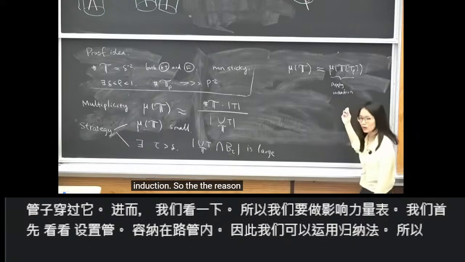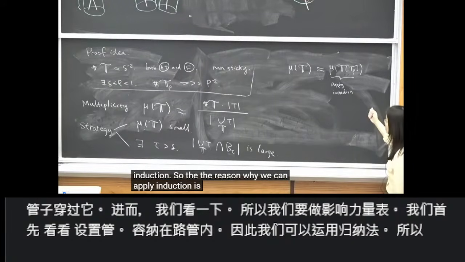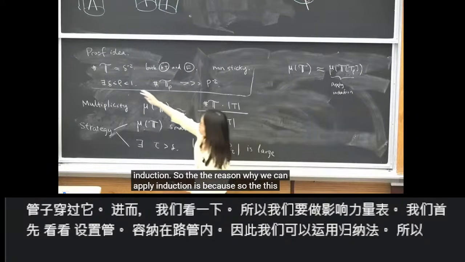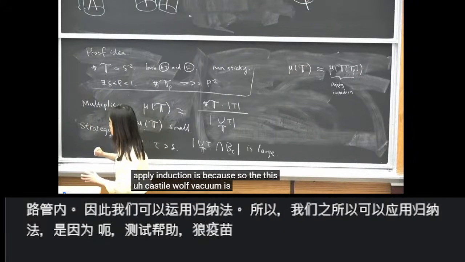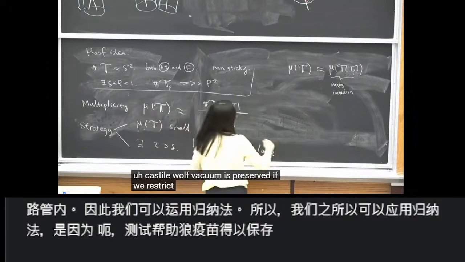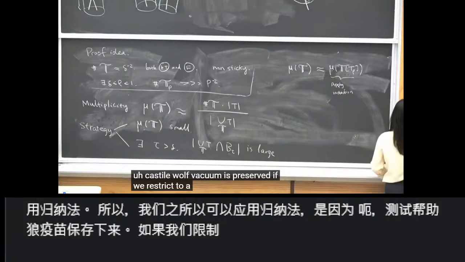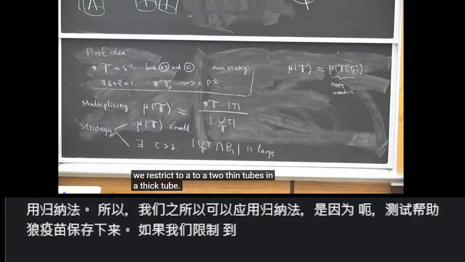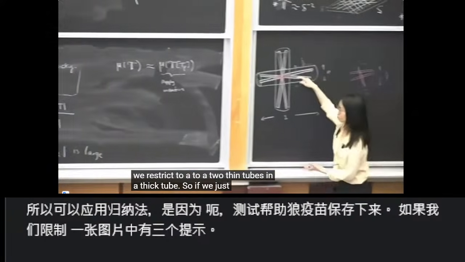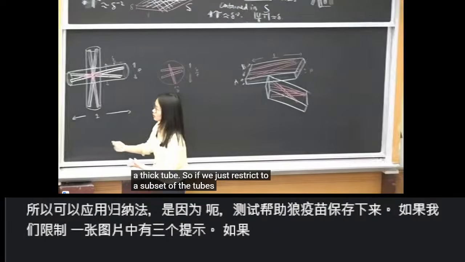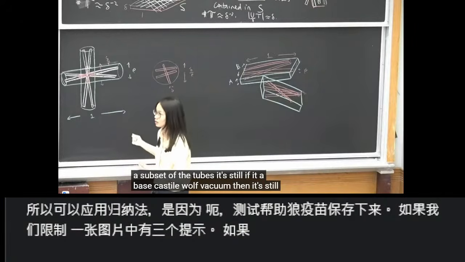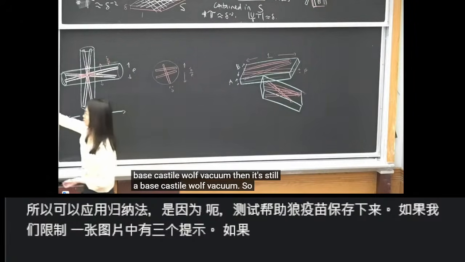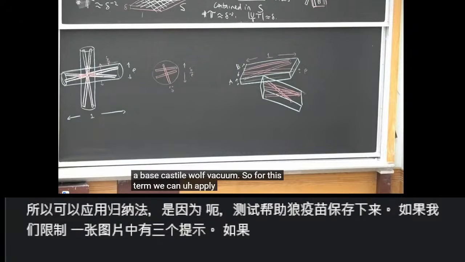The reason why we can apply induction is because this Katz-Tao axiom is preserved if we restrict to thin tubes in a thick tube. So if we just restrict to a subset of the tubes, and it obeys the Katz-Tao axiom, then it still obeys the Katz-Tao axiom. So for this term, we can apply induction.